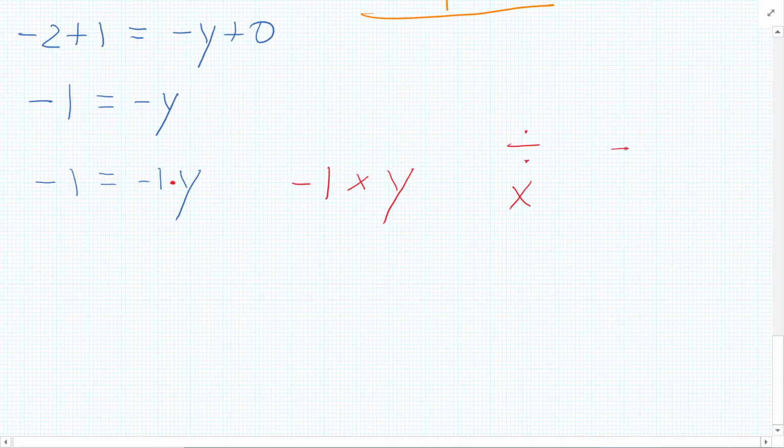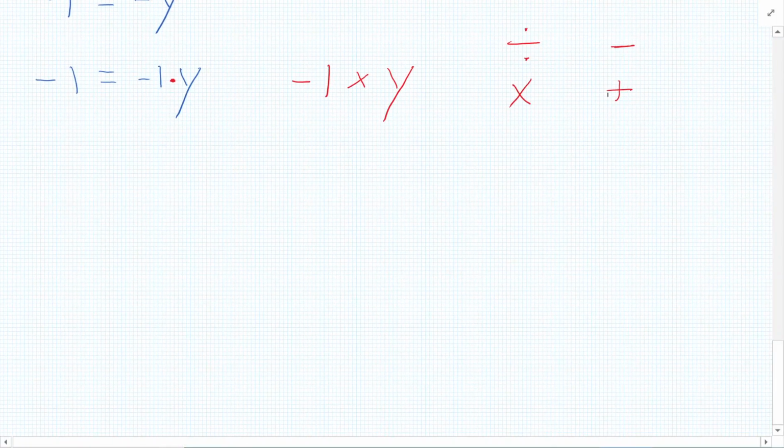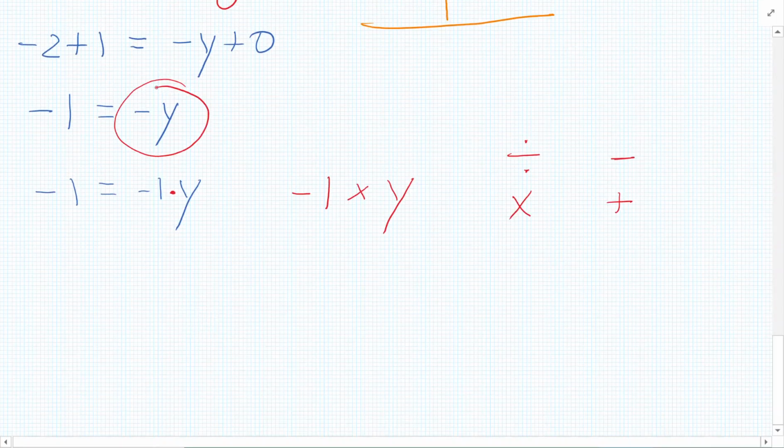The opposite of subtraction is addition. Okay? Always remember that. Let's come back to this problem. So we have negative 1 times y. Now, did you see that right there? We have negative y. Did you think that we have negative 1 times y?